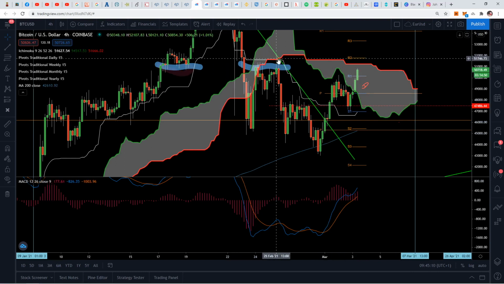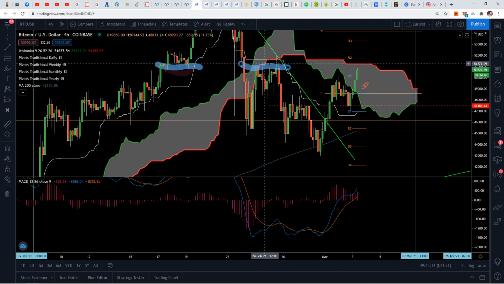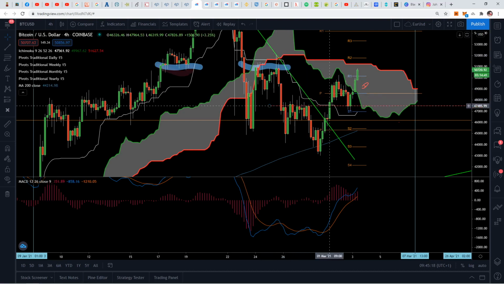When the Kijun-sen has been resistance before, you can see it was tested here, and it held resistance here, but here it's broken. So this was actually a signal for the more aggressive traders. If you're a scalper or something, you would typically take this trade, open it, place the stop below here, I would say.